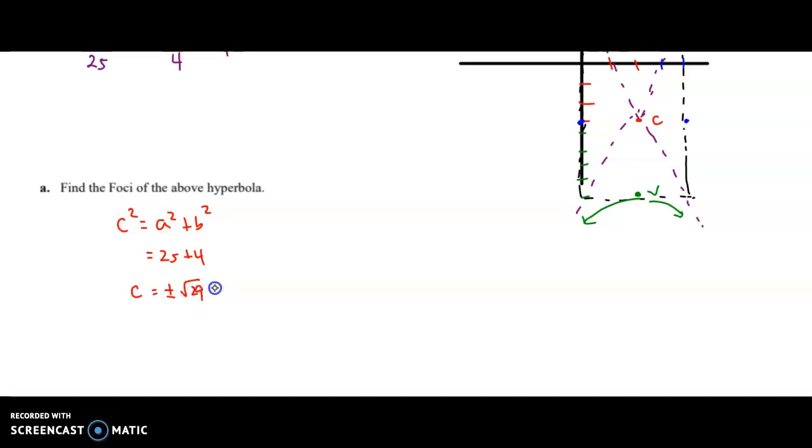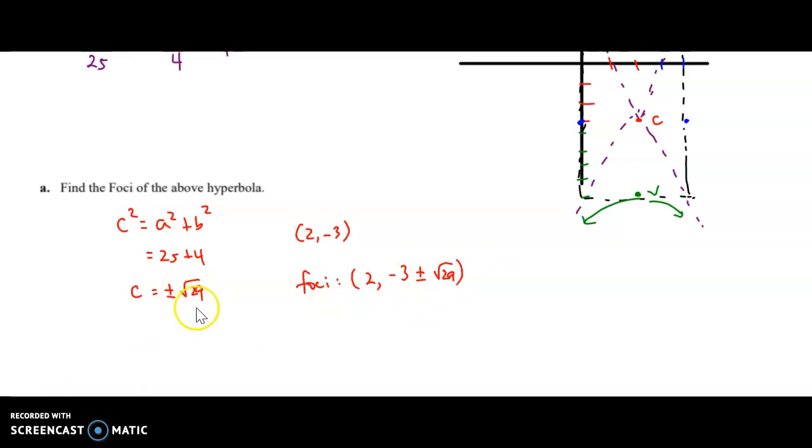And so from the center, we're going to go up and down square root of 29. And so since the center was at 2, -3, that means the foci are going to be at 2, -3 plus or minus square root of 29.